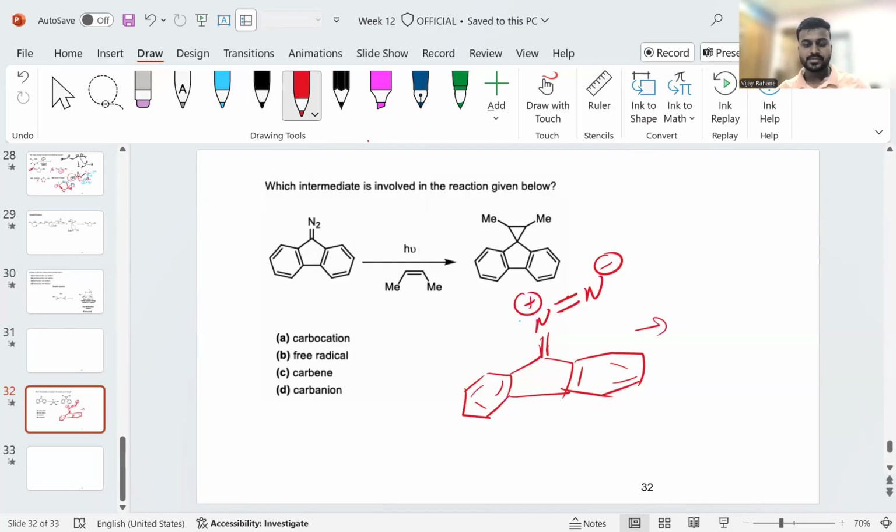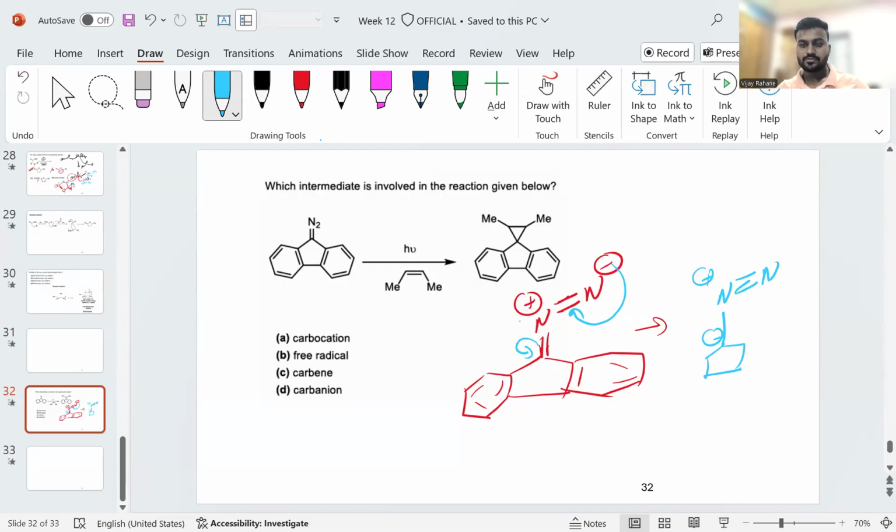So in this case, what happened? When this bond pair of electrons moves to stabilize this carbon positive charge on the nitrogen, first we will draw the opposite way. So this negative charge is involved here. So this bond pair of electrons goes there. So we get this 5-member ring with the negative charge, and this nitrogen remains positive as it is.